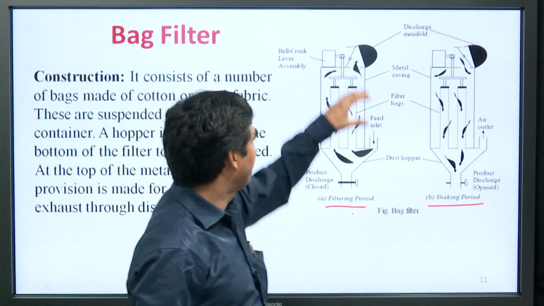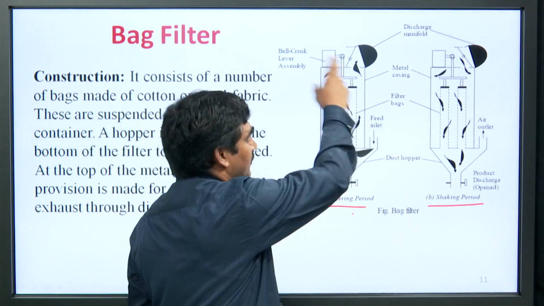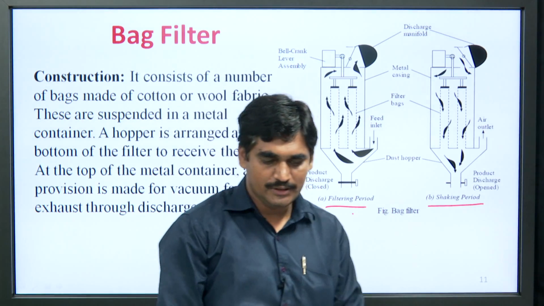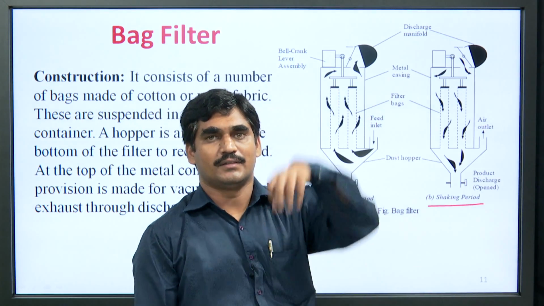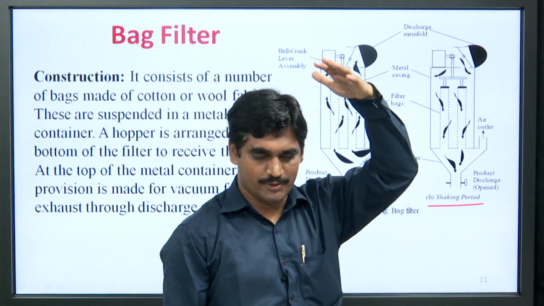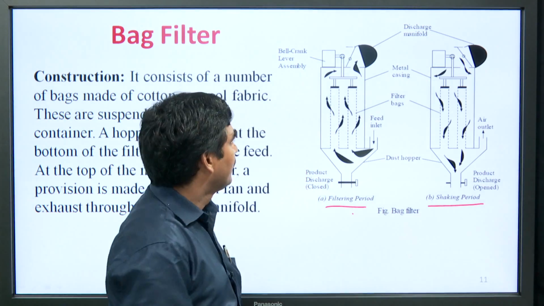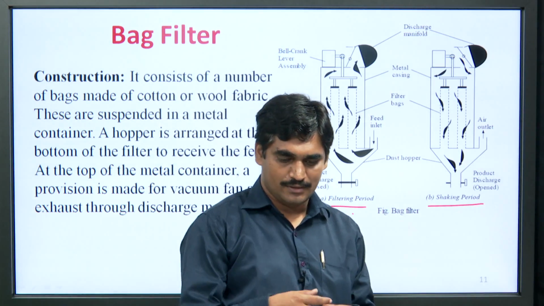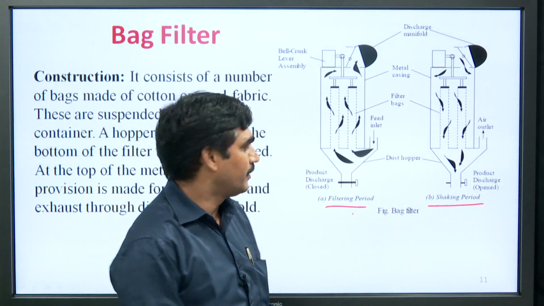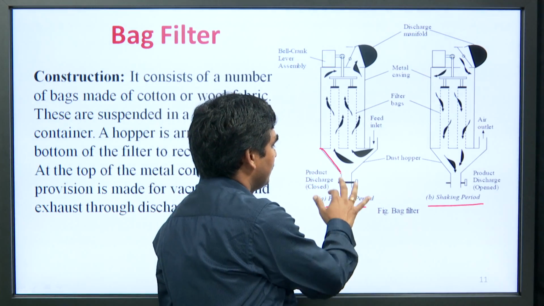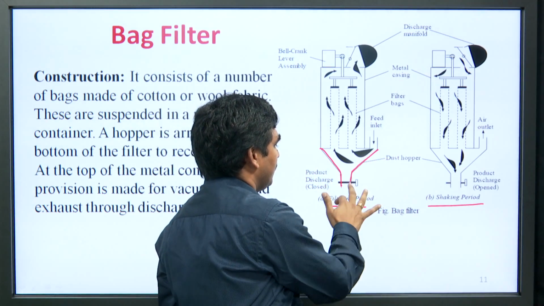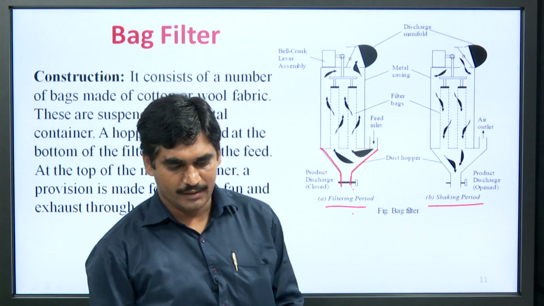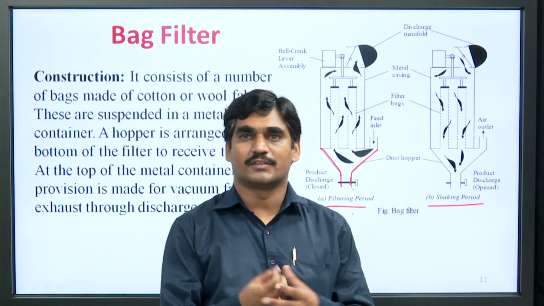These are suspended in a metallic chamber or container; the bags are suspended from the top to bottom. A hopper is arranged at the bottom of the filter to receive the feed.